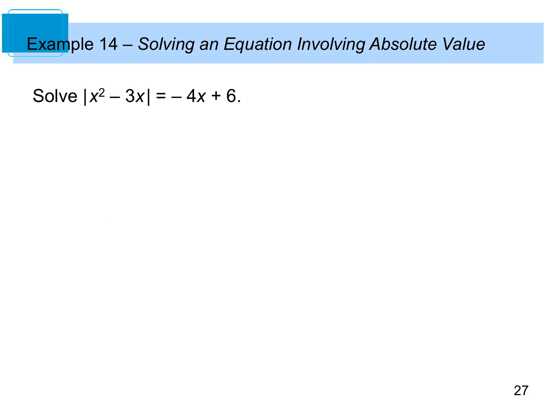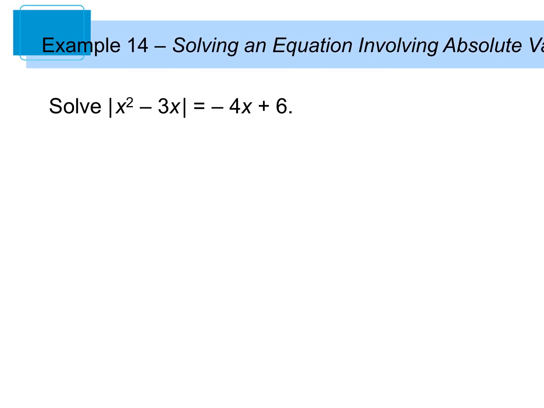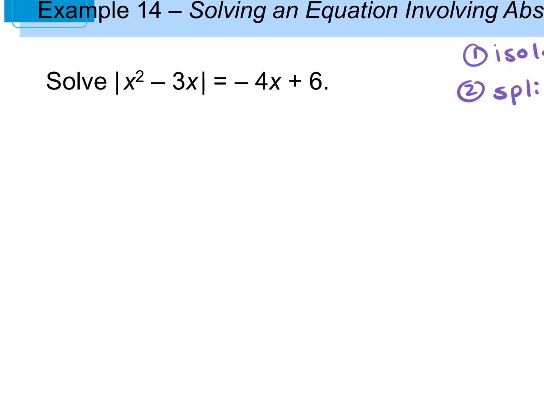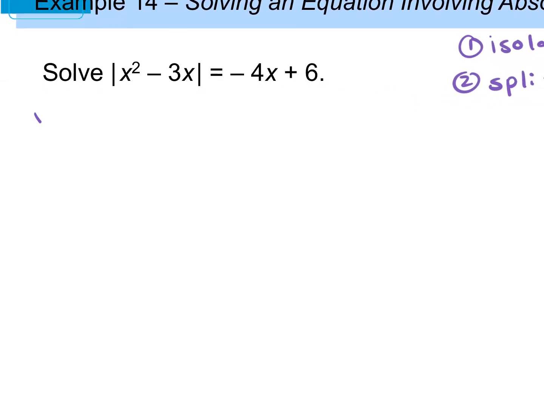So let's look at example 14. Step 1 is always isolate the absolute value. Step 2 is to split it. Our absolute value is already isolated here, so now we can just split it. So the first one stays exactly the same: x squared minus 3x is equal to negative 4x plus 6.